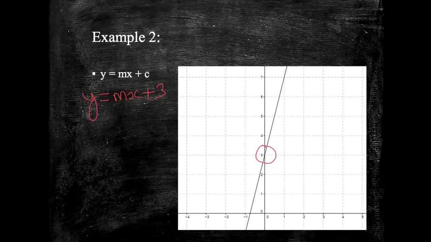Okay, let's look at the gradient. I'm just going to rub this out. The gradient then is where it crosses the nice coordinates that I can pick easily. Now we can see that it crosses all the way down here, but not at a place that I really know what the coordinate is.